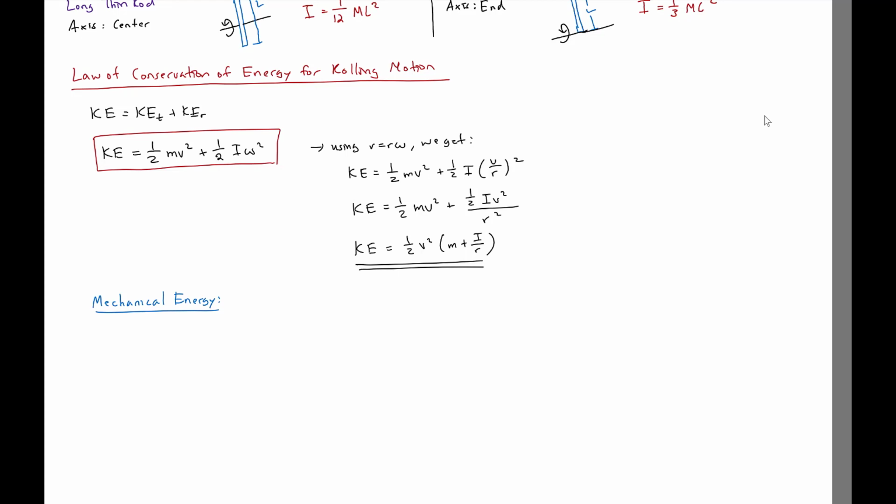So mechanical energy is now equal to ME is equal to KE plus PE, but now we have ME is equal to KE_T plus KE_R. If there's gravitational potential energy, we have PE_G, and if there's spring potential energy, we have PE_S. So now let's go through a few practice problems related to moment of inertia and rotational kinetic energy.